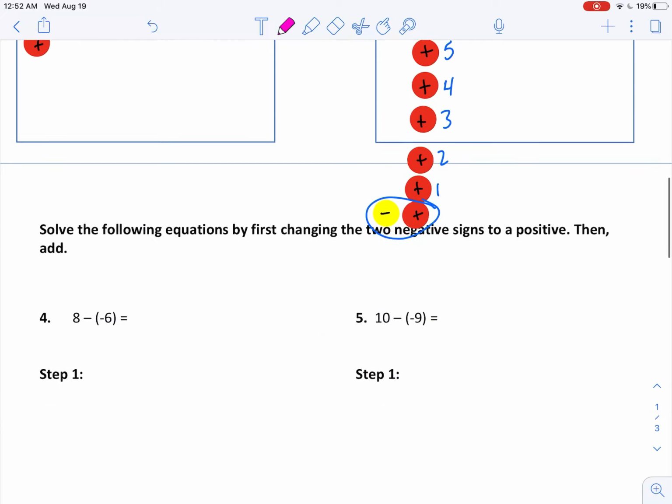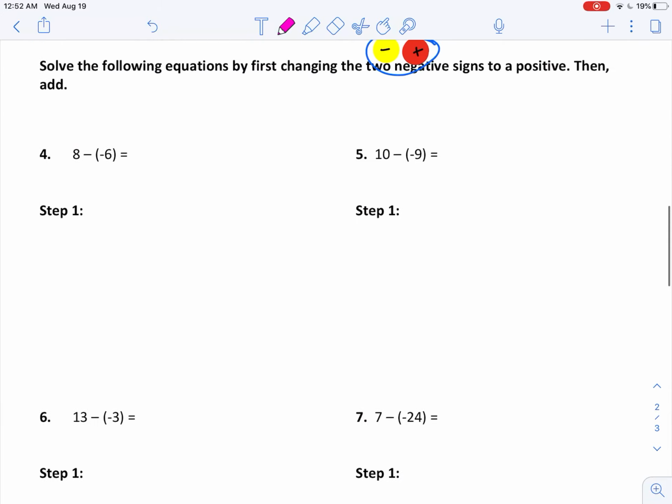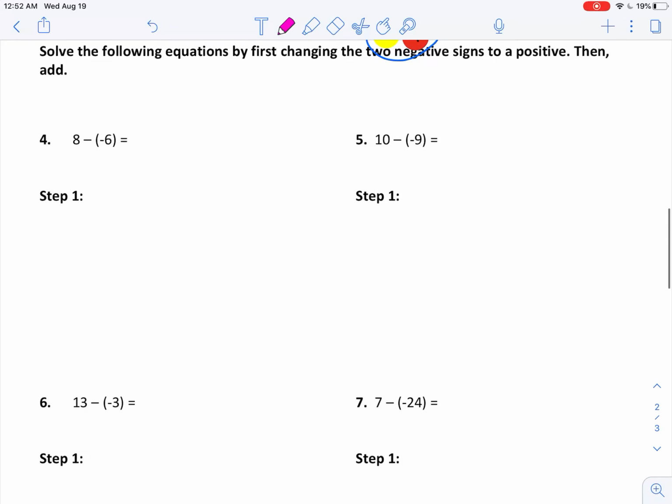And let's do some practice problems. So I've got 4 practice problems for us. We're going to solve by first just using that shortcut, changing the 2 negative signs to a positive. So our first step here, after we do the first step, we're left with 8 plus 6 and 10 plus 9, because these 2 negatives are sort of canceling each other out.